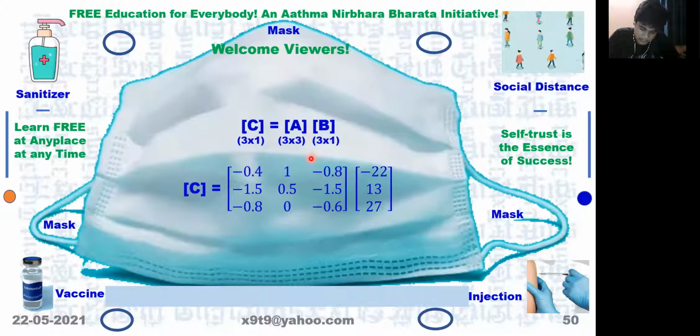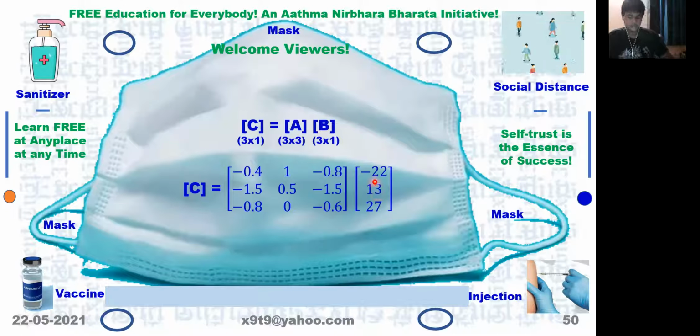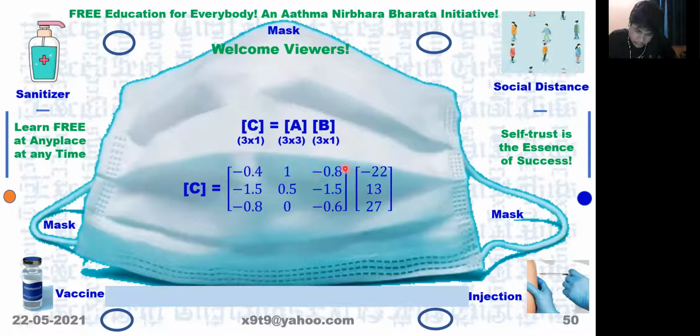Then plus 1 into 13, plus minus 0.8 into 27. Correct. Simplify that one.